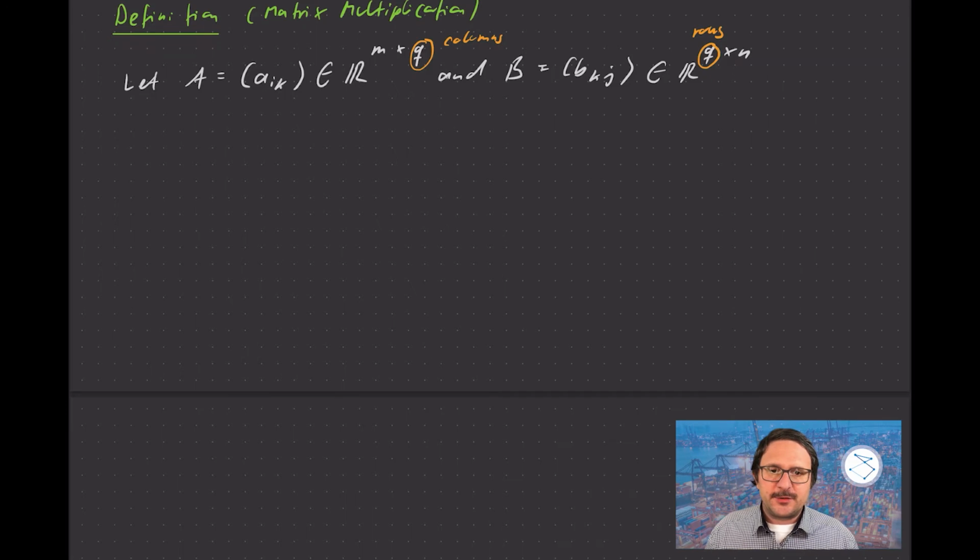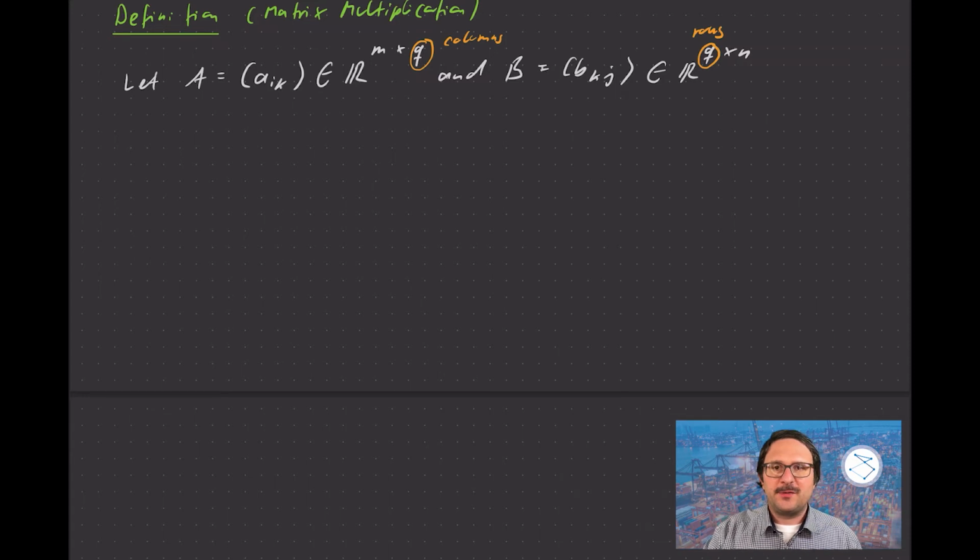And now what we do is we set this multiplication up in the following way. We take A as a left matrix, and for B we just say, well, B is composed of n columns, and each of those has q components. So what we can do is we can use our definition of matrix vector multiplication for each of those columns.